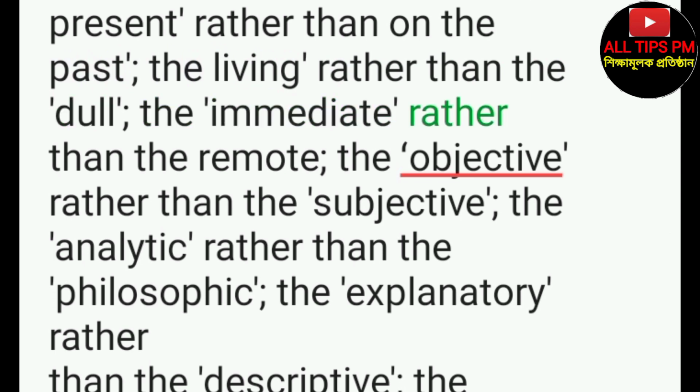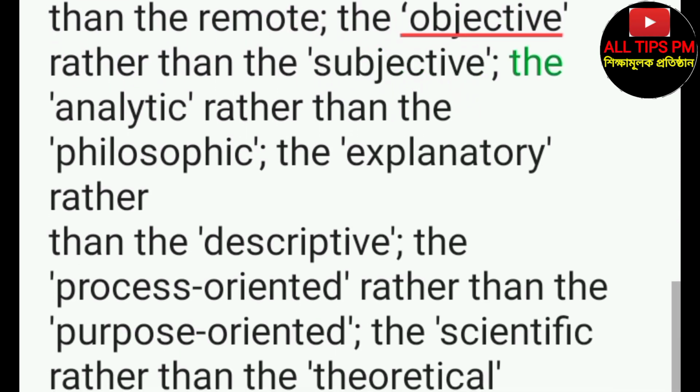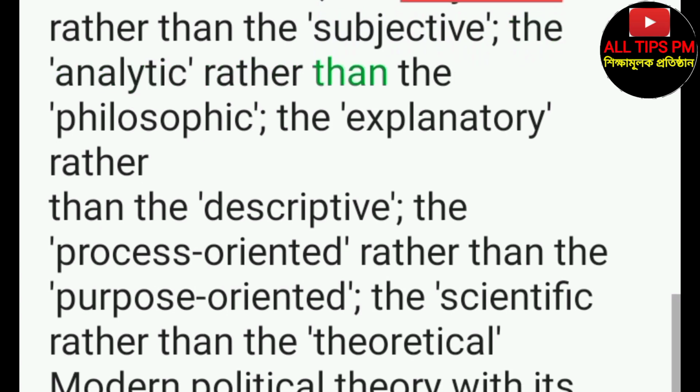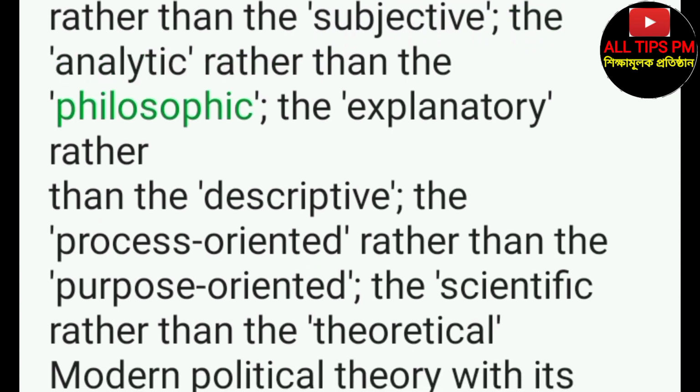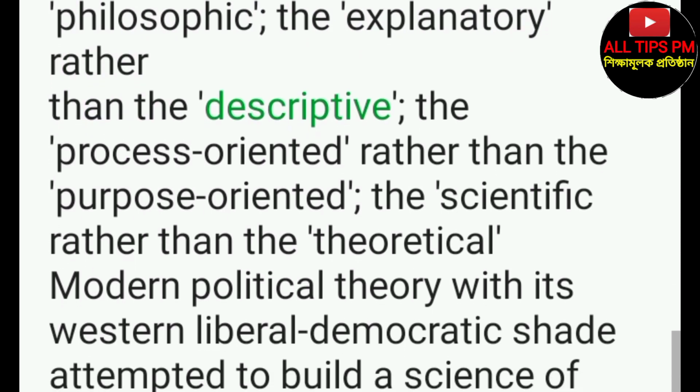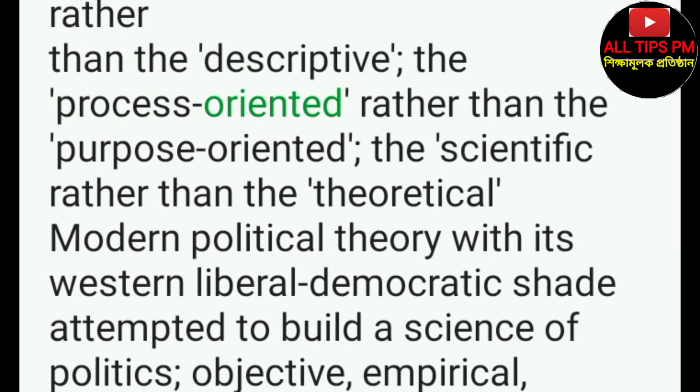The immediate, rather than the remote. The objective, rather than the subjective. The analytic, rather than the philosophic. The explanatory, rather than the descriptive. The process-oriented, rather than the purpose-oriented.